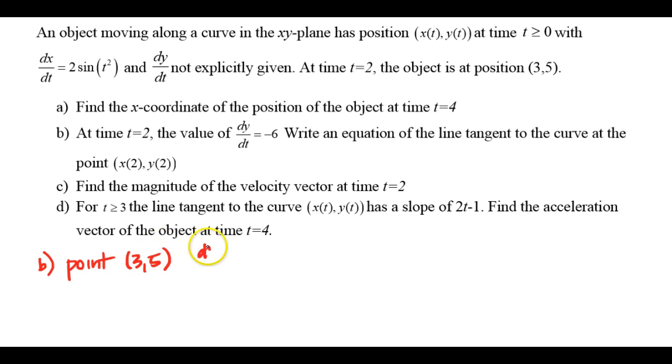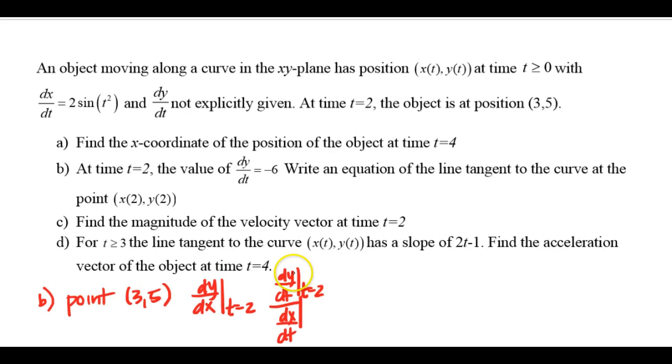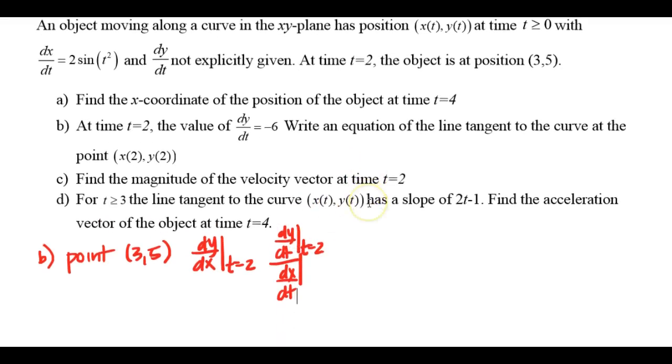And we're going to need dy/dx at t equals 2. But dy/dx is dy/dt over dx/dt, so I want each of these at t equals 2. Although I don't have dy/dt explicitly, I do know that at t equals 2, dy/dt is negative 6, which is good enough for me. To find dx/dt, I can substitute 2 into my formula.